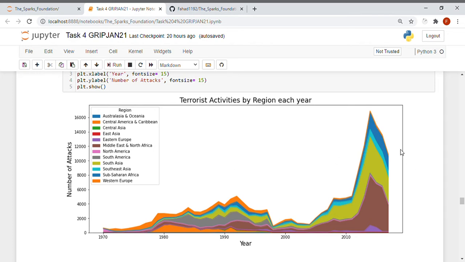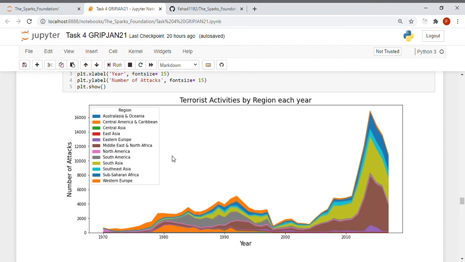Australasia and Oceania, it's a bit surprising, but the recent attack on the mosque is actually an example of this. We can see that post-2000, Middle East and South Asian terrorism have increased, and before this, during the 70s, 80s, and 90s, the terrorism regions were Western Europe and Central and South America and the Caribbean.